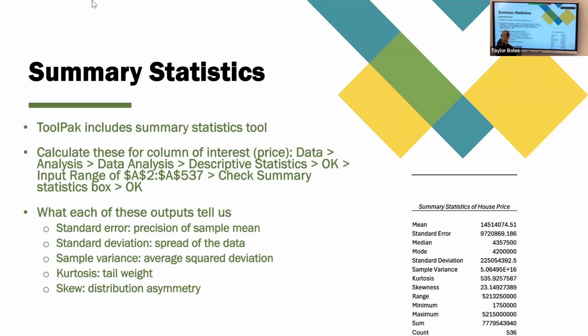And then we have standard error, standard deviation, sample variance, kurtosis, skew, range, which is the difference between the maximum and the minimum, maximum, sum, and count. So you can look at what I put for what standard error, standard deviation, sample variance, kurtosis, and skew are. Because those are a little bit less commonly used, I thought.